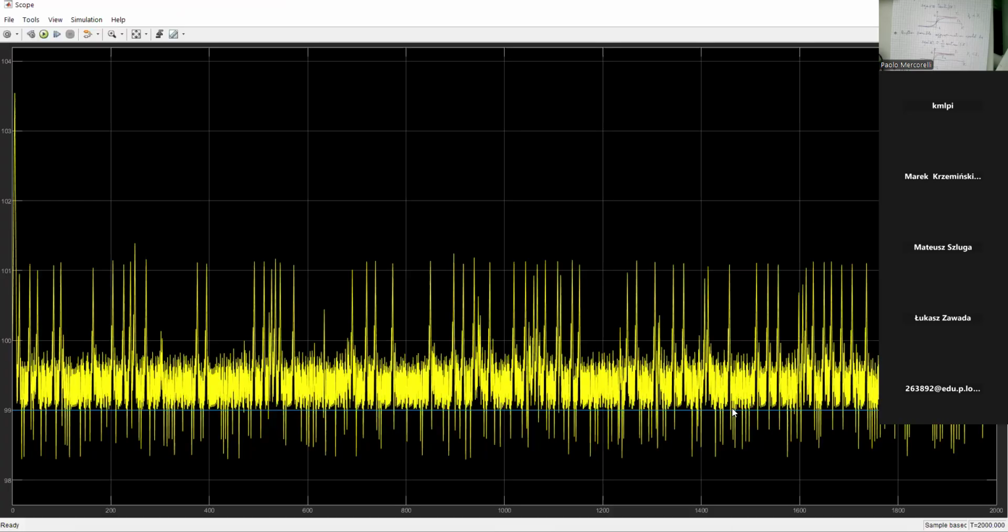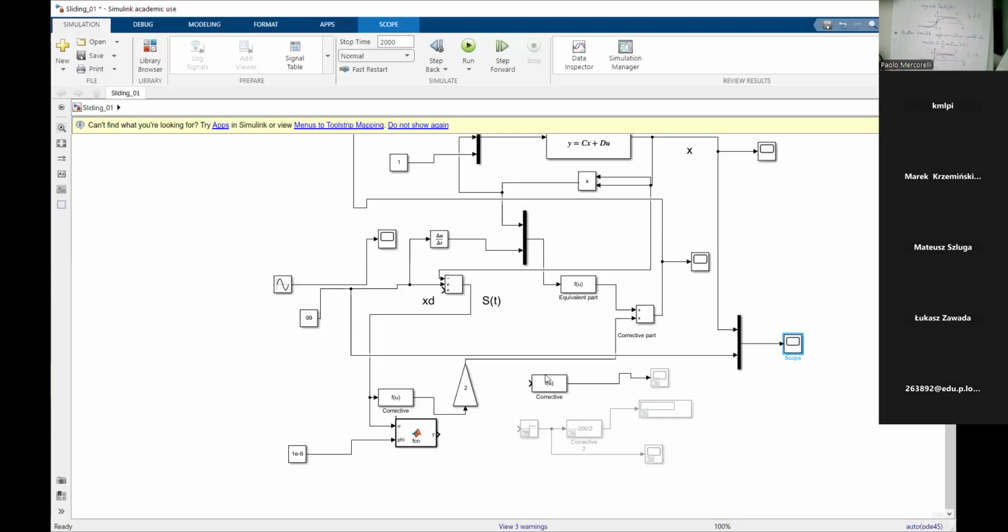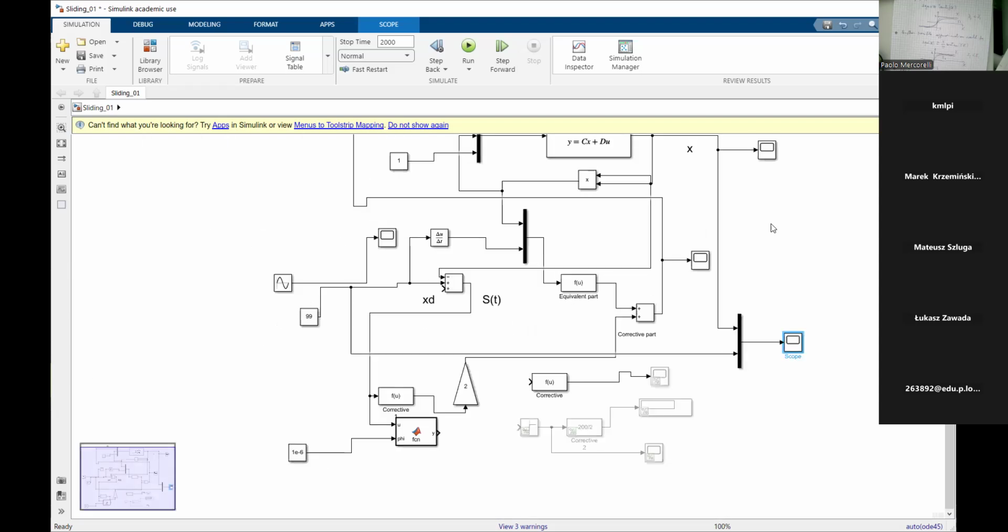Now, I don't understand why it's so disturbed. Probably, I don't know if I added some noise. It should slowly converge. Let me see if I have some other errors which I forgot to cancel. Let me see. Here inside, one thing.